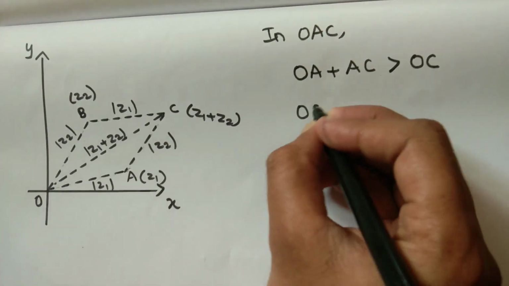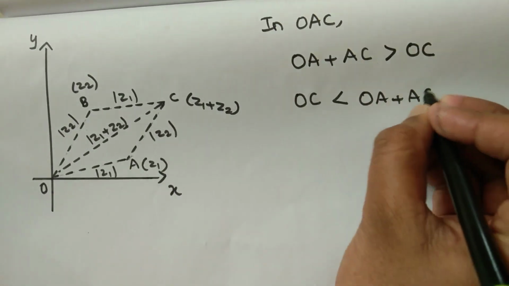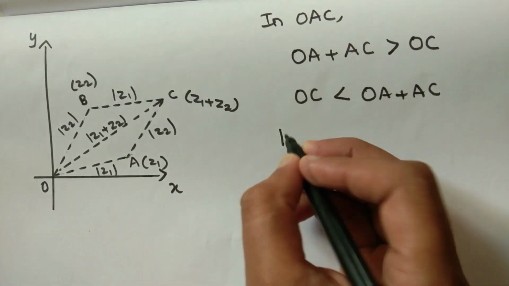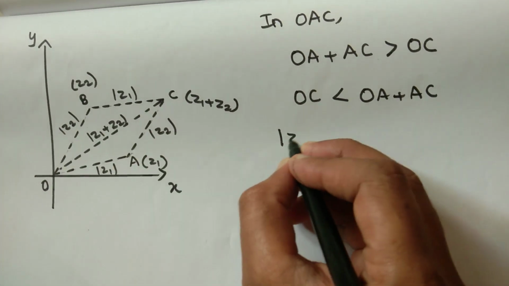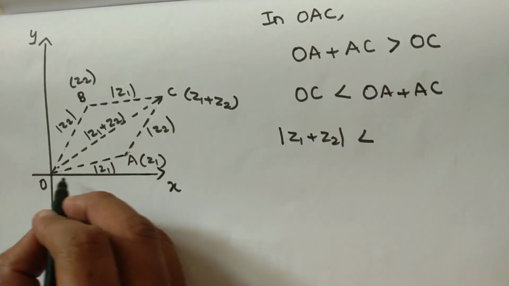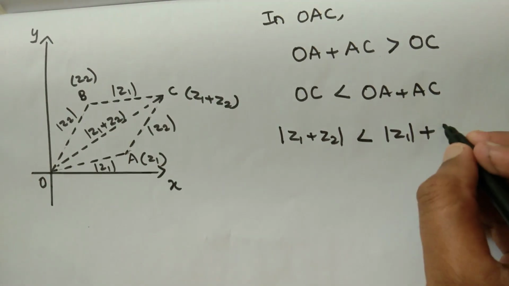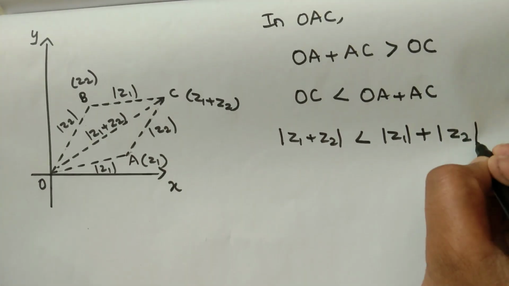That is OC is less than OA plus AC. My OC is modulus of z1 plus z2 is less than OA is modulus of z1 plus AC is modulus of z2.